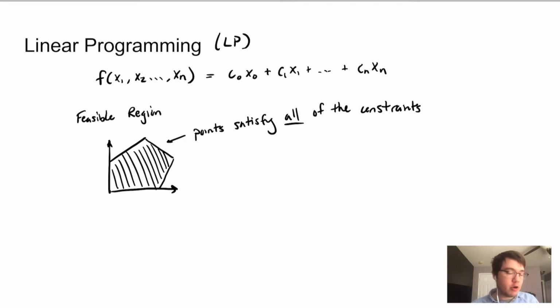The job of the linear programming algorithm, then, is to find a point in this region which minimizes or maximizes, whichever we're trying to do, the objective. So for example, the objective may be to find this point here.